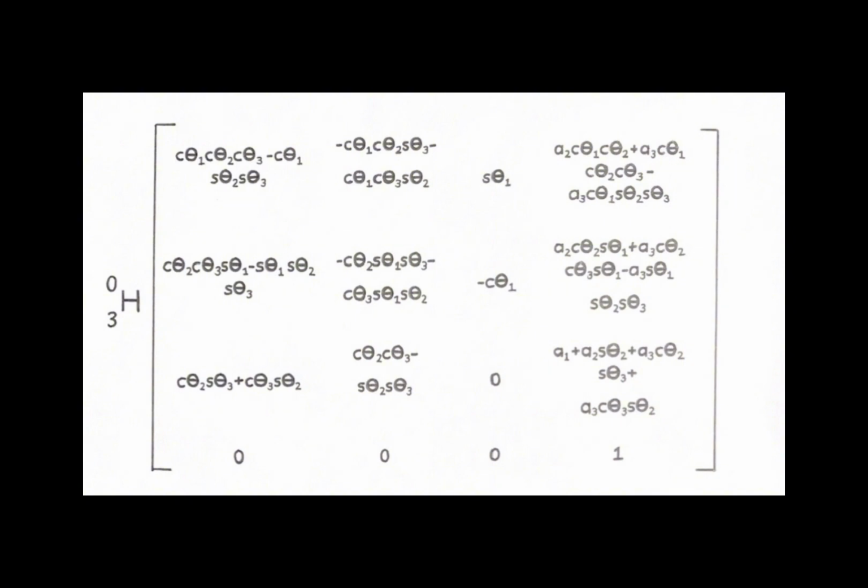The third column is cosine theta 2 sin theta 3 plus cosine theta 3 sin theta 2, cosine theta 2 cosine theta 3 negative sine theta 2 sine theta 3. There is 0 because there's no rotation. And the fourth is A1 plus A2 sine theta 2 plus A3 cosine 2 sine theta 3 plus A3 cosine theta 3 sine theta 2. The last row is 0, 0, 0, and 1.